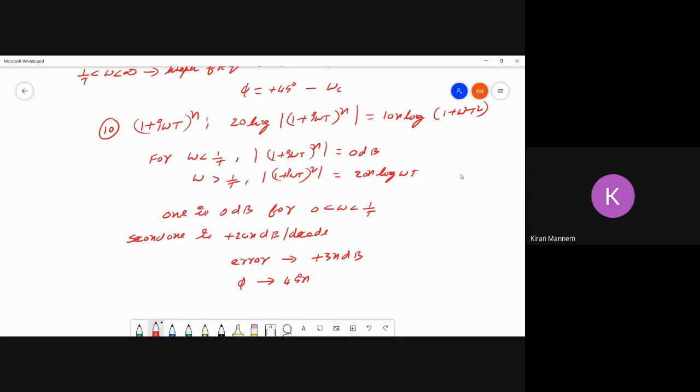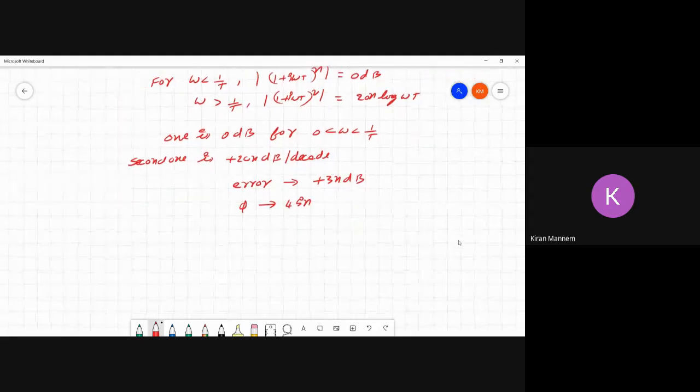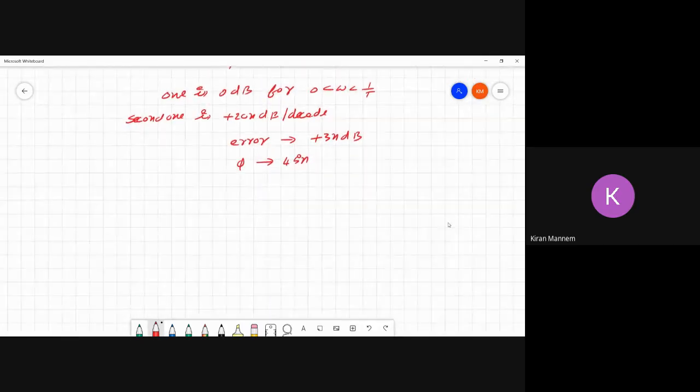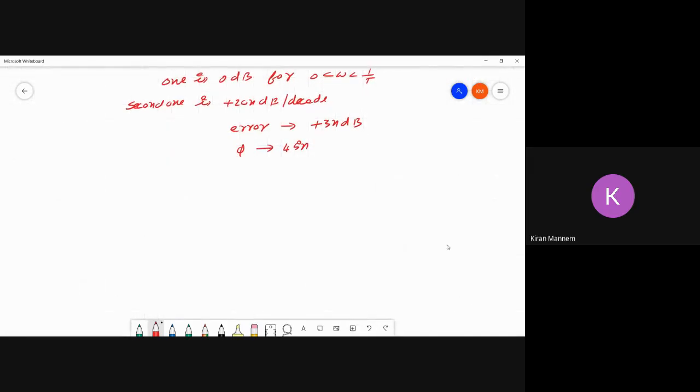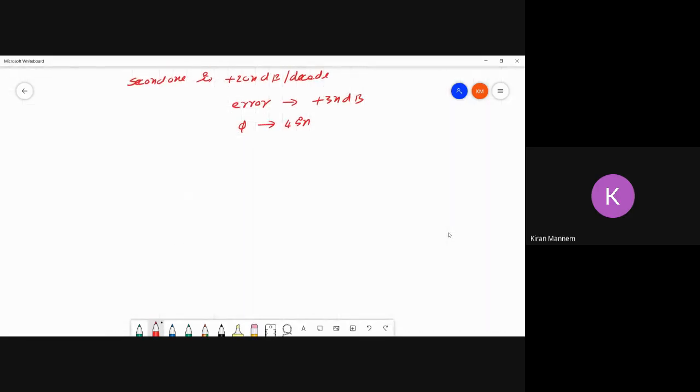Now we can have one more basic factor. I can quickly write the equations and we'll finish this topic today. So the 11th one is a long equation, but we need only the Bode plot for this. I'm not going to do all the derivations here.